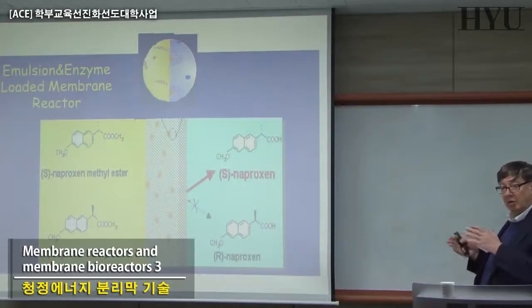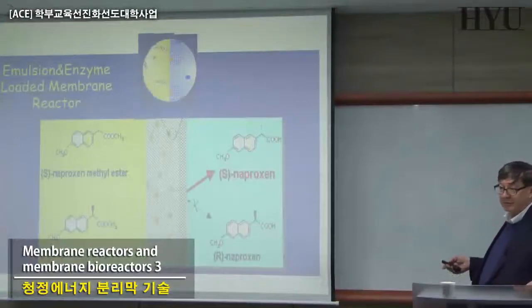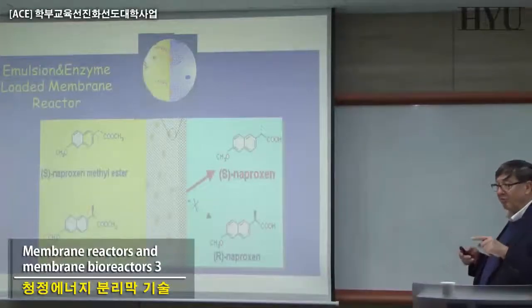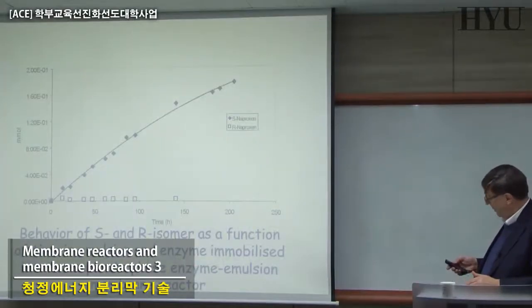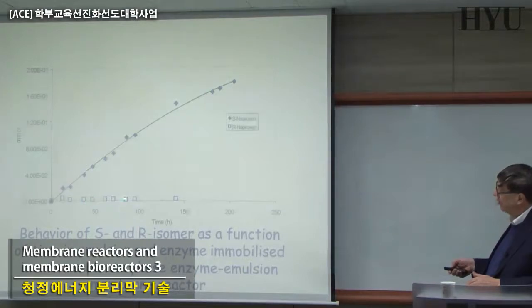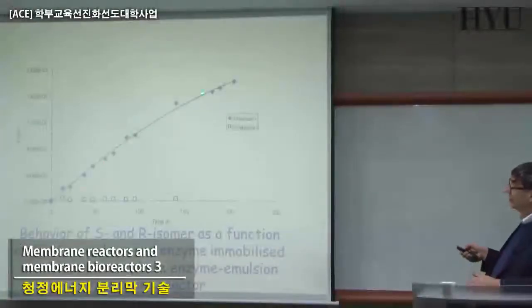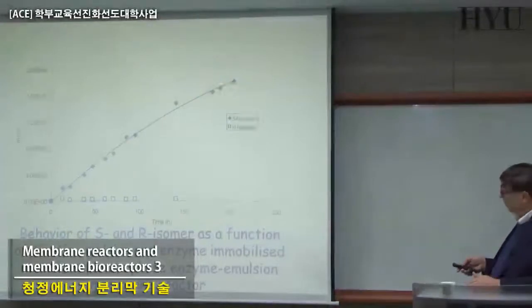And so you can convert one compound only and separate continuously. If you use a normal system, it's impossible: you convert, but they are mixed and the other is also present. And the final result is this situation. You see here, nothing happened with this form. The R is zero conversion, and you just produce the S, if you're doing it right.